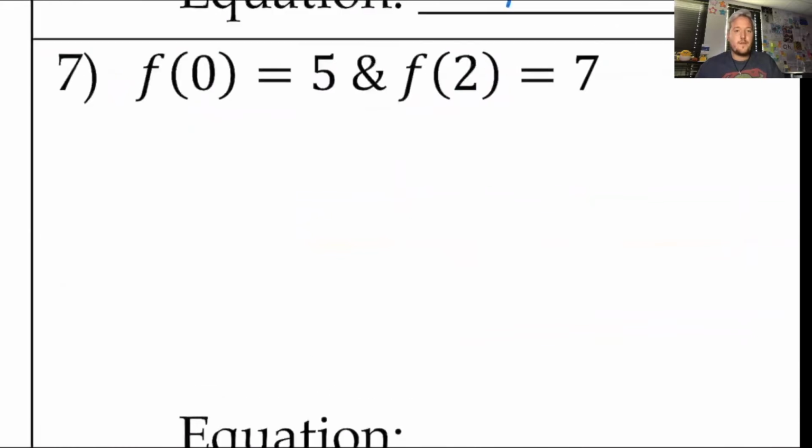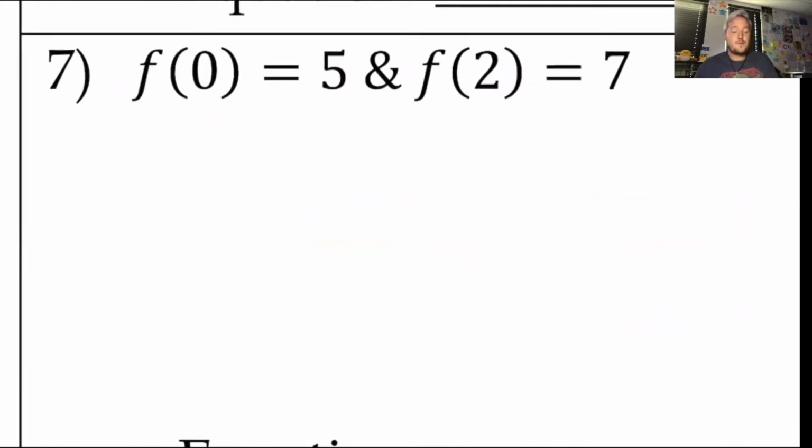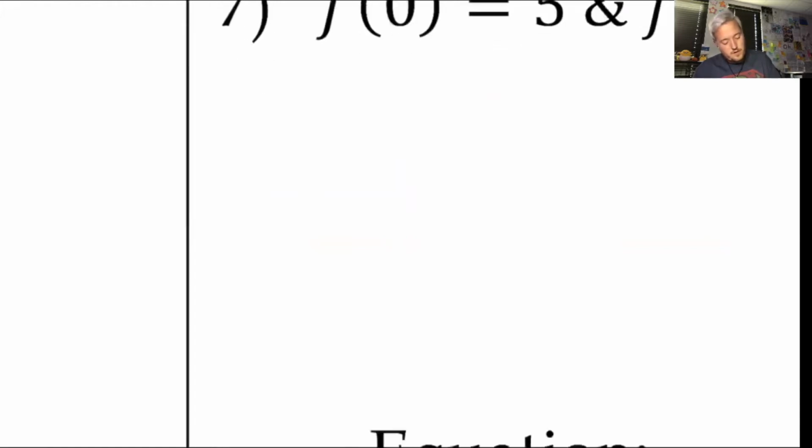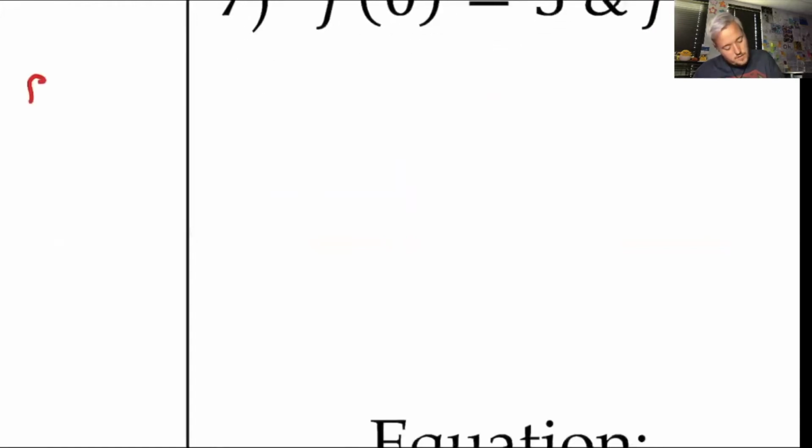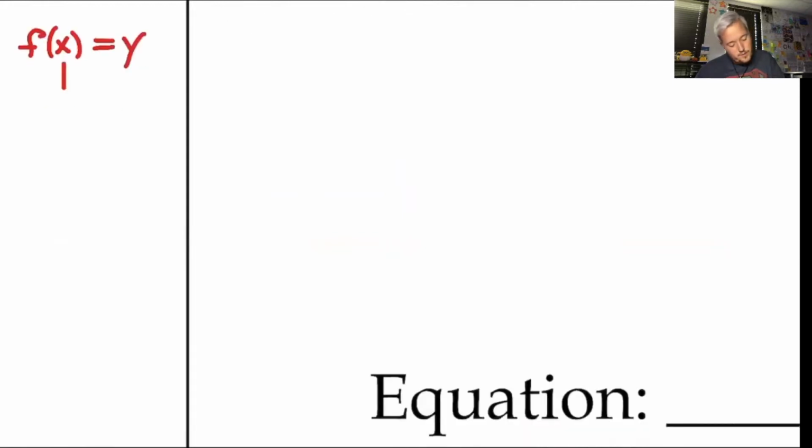Okay, now over here for number 7, now it's written in function notation. So if you remember, just kind of off to the side here, f of x is the exact same as y. I can actually take both of those values and rewrite them as a coordinate. So it would be x, y.